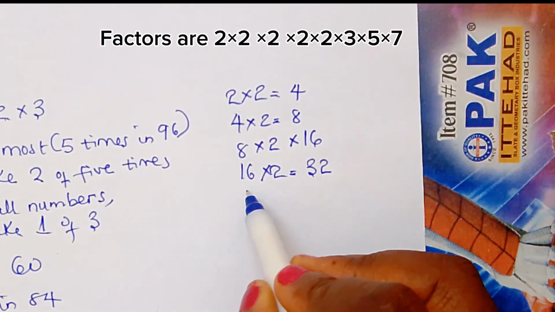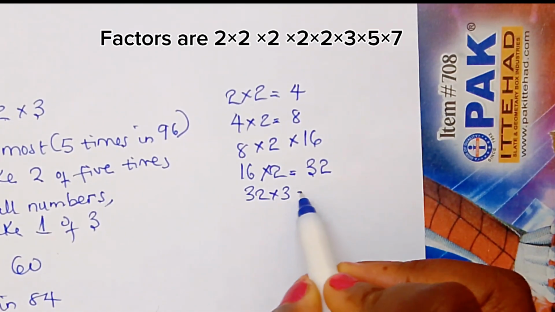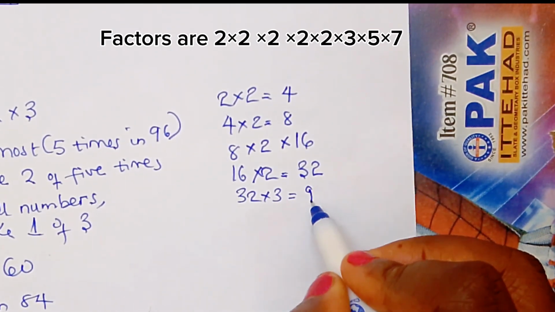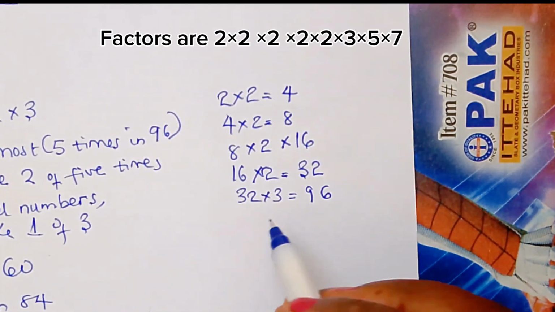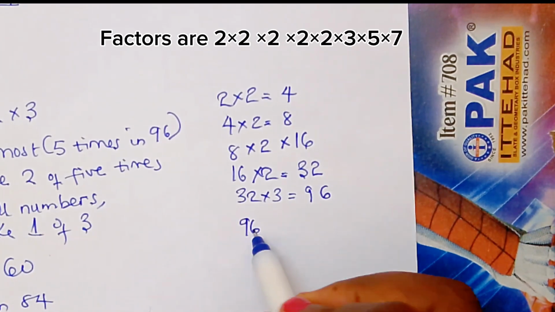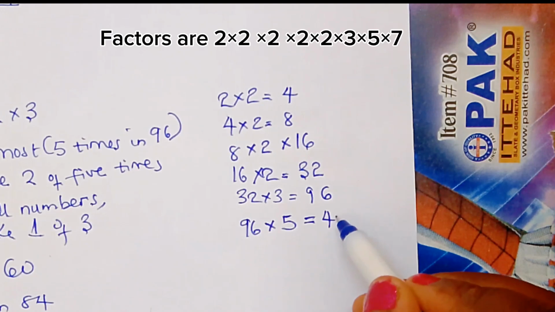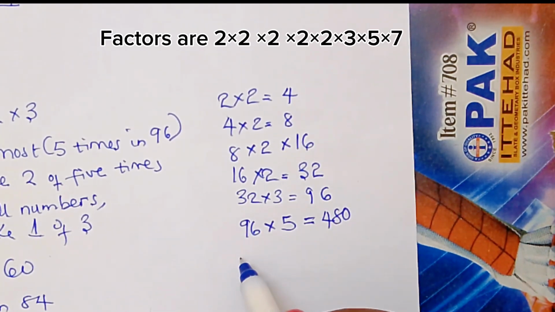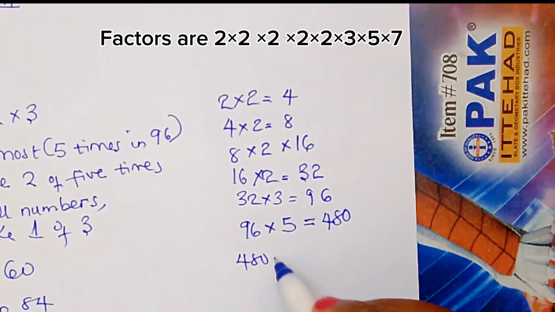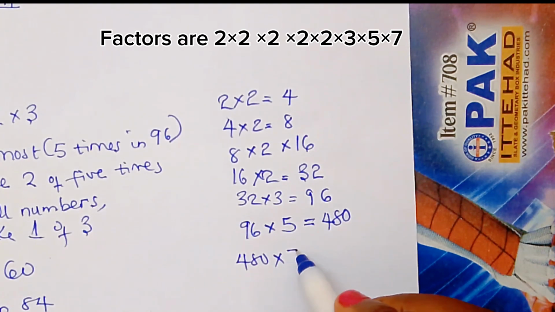So let's go to 3. We're going to do 32 times 3, which is equal to 96. Right? So now we're going to do 96 times 5, which is going to give us 480. So we do 480 times the last factor, which is 7.